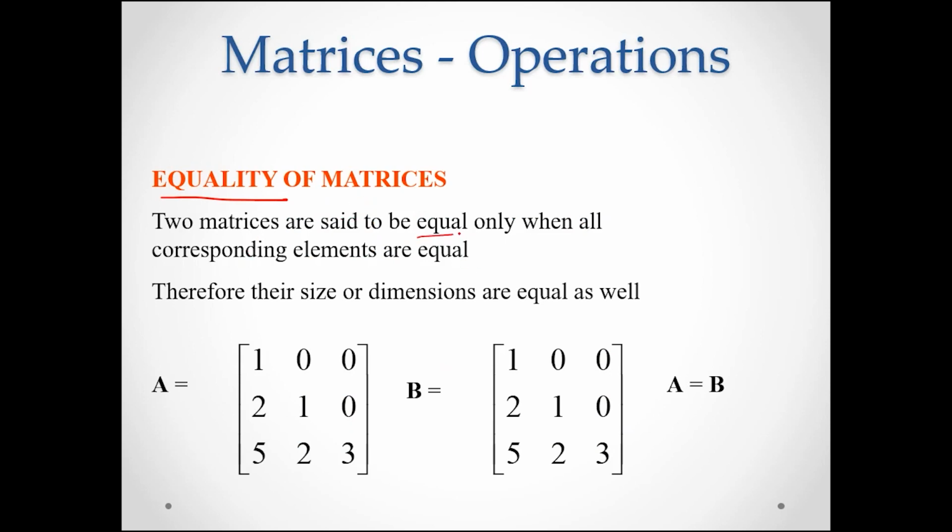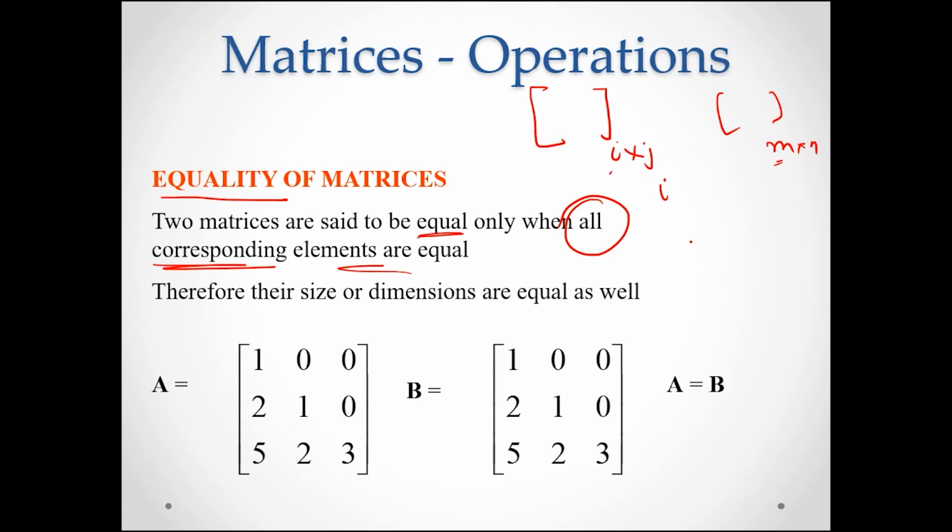Two matrices are said to be equal only when all the corresponding elements are equal, which means the dimensions are also equal. If I have a matrix A and a matrix B, then A11 and B11 are the same, A12 is the same as B12.